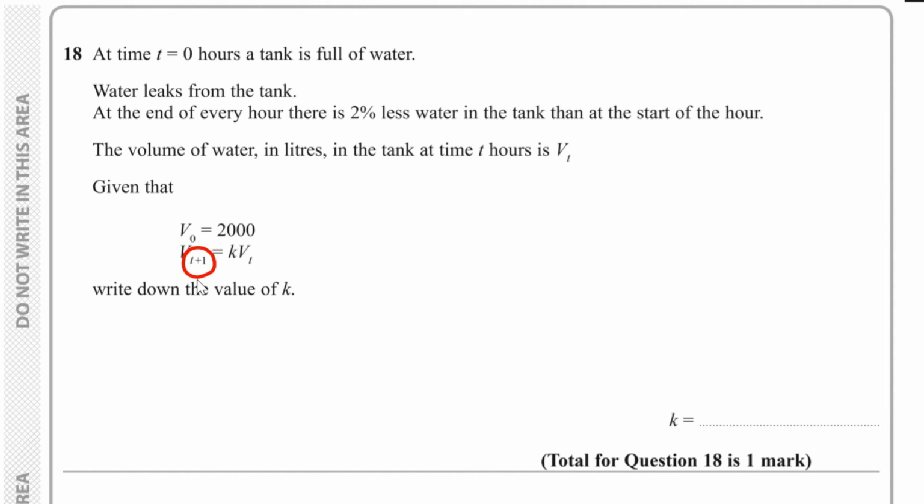tells us that we're considering the time after each hour. And if we have 2% less, this tells us as a multiplier, we've got here 98% left each hour.